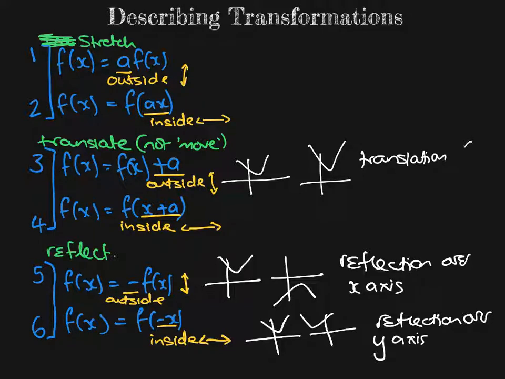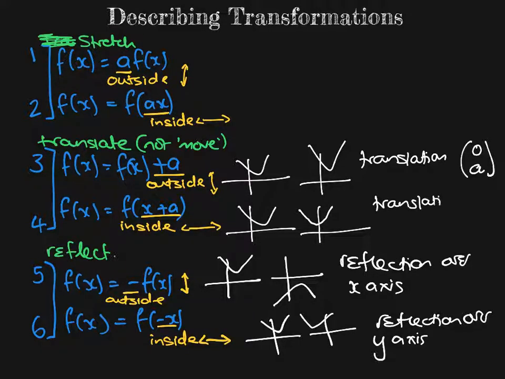And we could write it as a vector, so left and right I haven't done anything, and up A. I could do inside, and I could move it, well, if I do a plus that moves it left, so I'll move it left a little bit. So that is a translation, so I've gone left A and not up or down. And these translations can combine, to make a translation that goes both left and right and up and down.